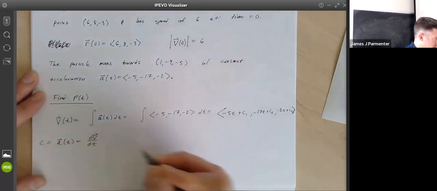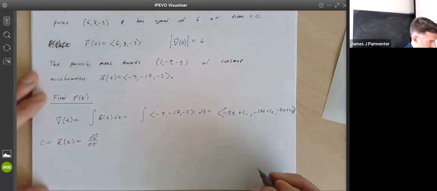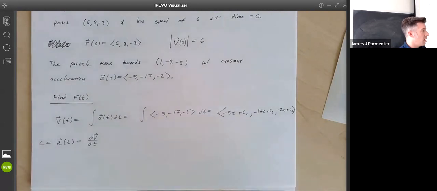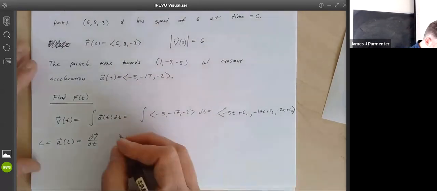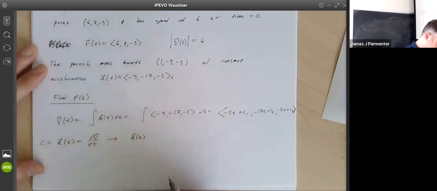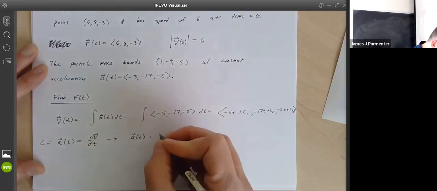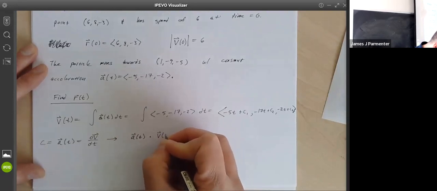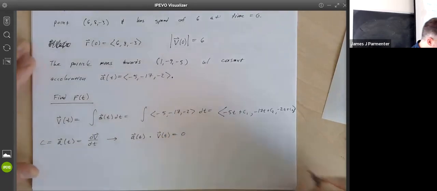But this is constant. So what that means is the dot product of the velocity and the acceleration has to be 0. So we can say the acceleration vector dotted with the velocity vector has to equal 0.